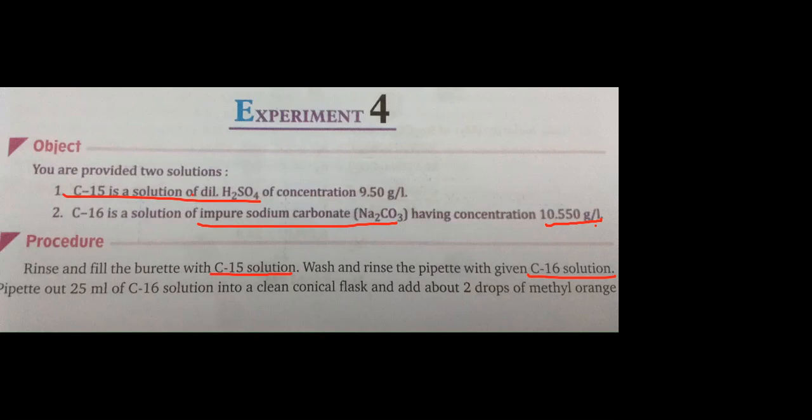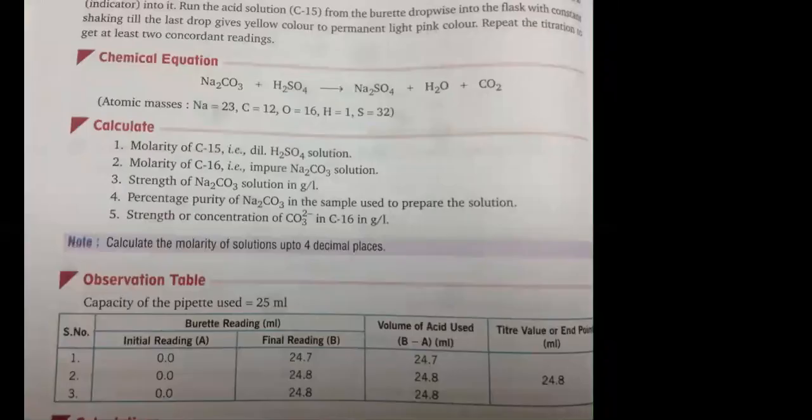So if we go to the calculations, to the questions first, you will see that again the process of titration is mentioned here, and in the chemical equation you find both of them are 1 mole each.